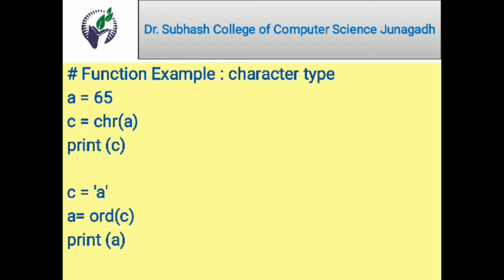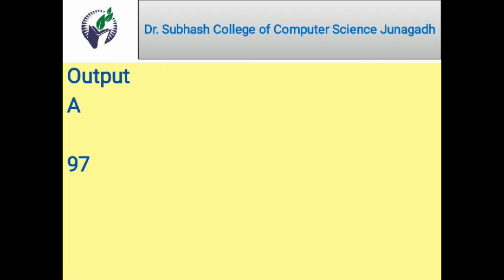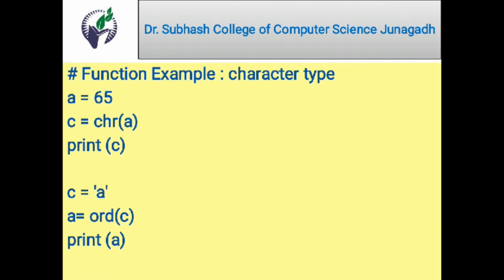So the first output is capital A, and the second output is 97.